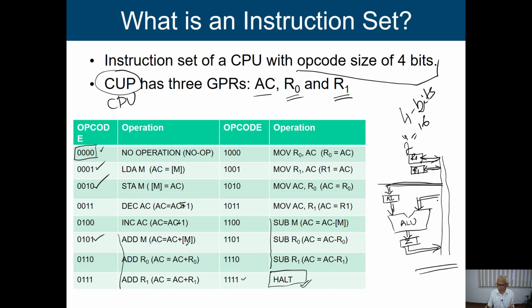In that particular case, the total number of instructions will be 2 to the power 8, which is equal to 256. That means you are going to design 256 different operations. So if possible, we'll see one real life processor, a very simple processor, and look into how the designers came up with or designed those particular instructions. Okay, now this is in a nutshell.